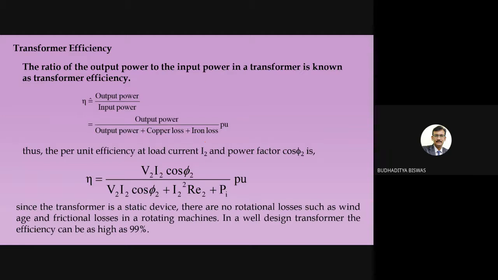What is the meaning of this one? Efficiency means the output power by input power. Means how much we are actually giving to that machine or apparatus as an input and how much we are getting. Suppose I have a sound bar which takes 60 watt from the wall socket. So the input power is 60 watt.